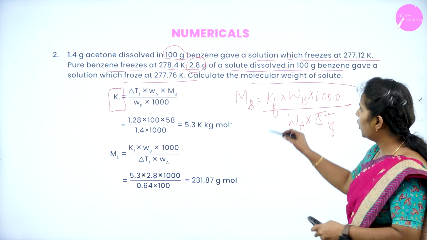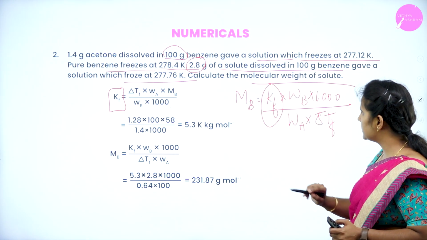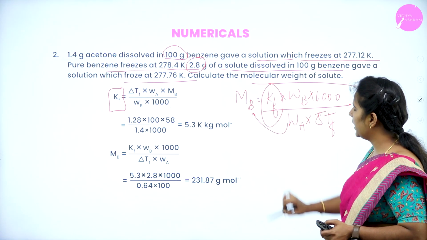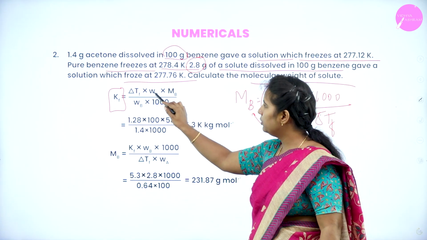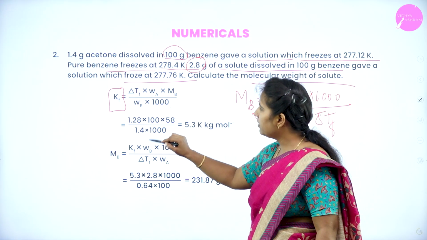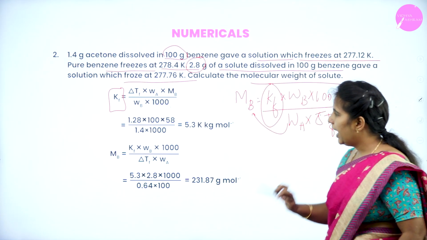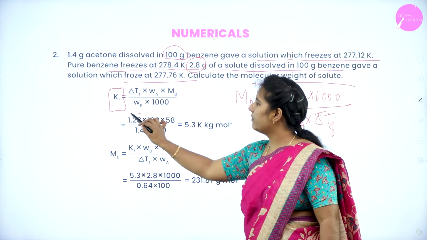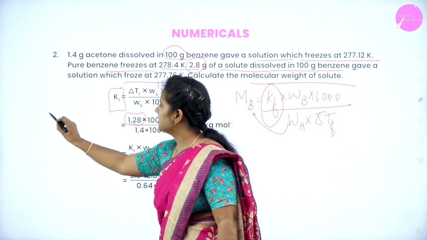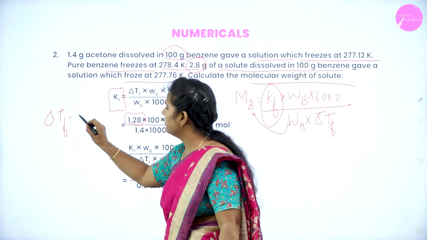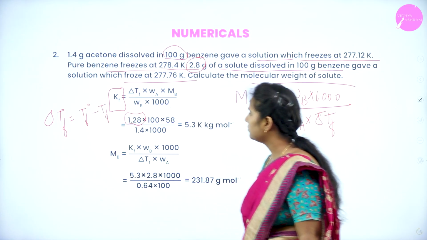But here they have not given the Kf value. That is why I will take the Kf outside, so this will be multiplied with the MB. So you get delta TF into WA into MB divided by WB into 1000. Okay, after this, we know that the delta TF value can be easily calculated by this equation, that is, delta TF is obtained by TF naught minus TF, right?